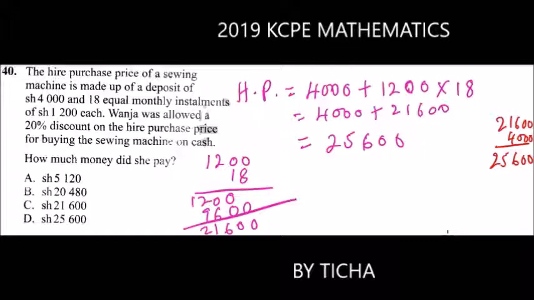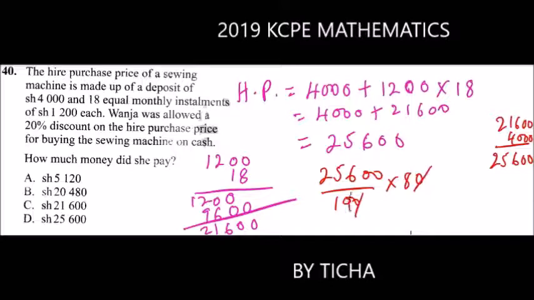So it means this 25,600 is the same as 100%. So you divide by 100 and you multiply by 80 because she was allowed a discount of 20.